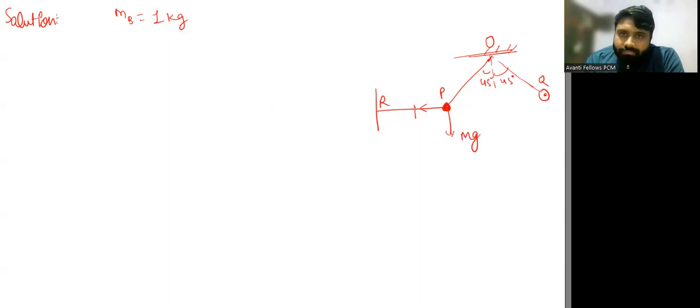So there will be a development of tension in RP, let's say T1, and in this string it will be T2, because the strings are different, so different tensions will be there. Now we can apply Lami's theorem here, because it is an equilibrium and these three forces are concurrent in nature. So applying Lami's theorem.